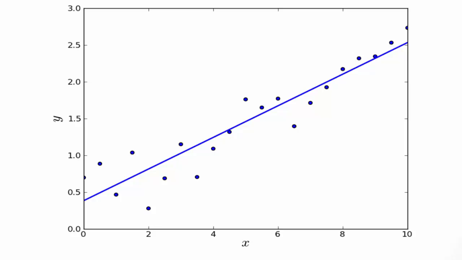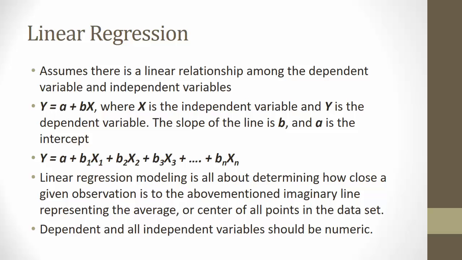But in reality, you usually have more than two or three independent variables to be used in estimating or predicting your dependent variable. So once again, linear regression assumes that there is a linear relationship between your dependent variable and your independent variables.